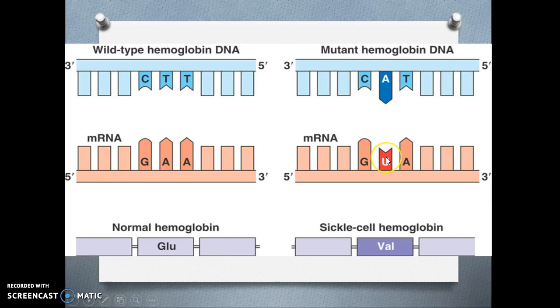The T that was supposed to go here was supposed to give you an A, but instead we have a U. So GUA then gave us a different amino acid known as valine. Just this one amino acid change is enough to cause what is called sickle cell hemoglobin, which is making an irregular shaped blood cell, therefore causing a disease called sickle cell. This is a point mutation. It happens at one base pair.